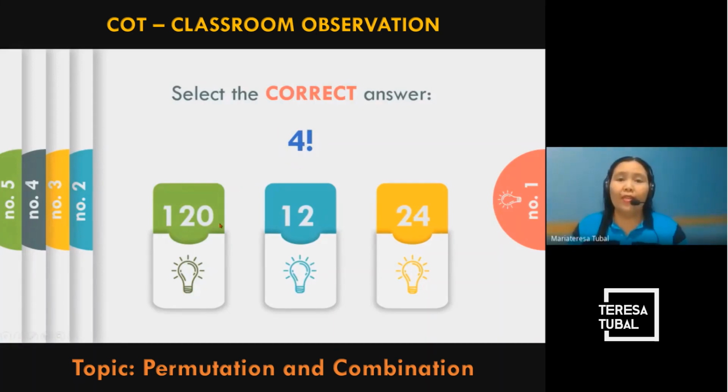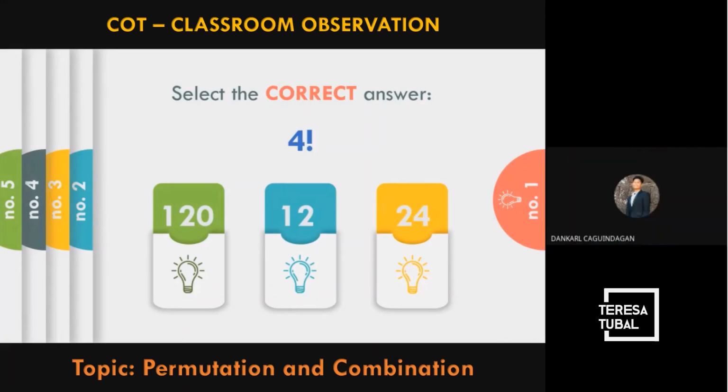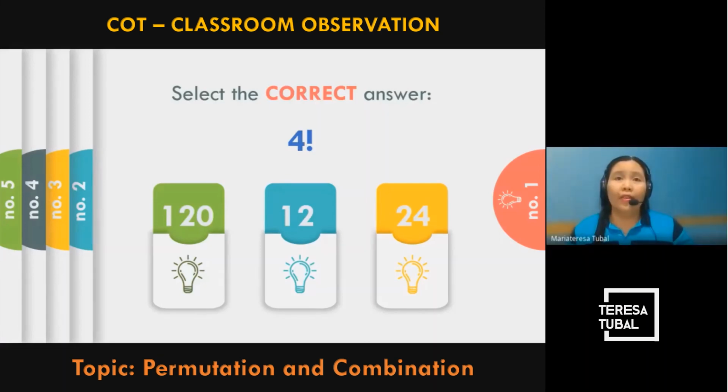Do you think it is 120, 12, or 24? 24, ma'am. Okay, 24. Let us see if 24 is the correct answer. Correct. 4 factorial is equal to 24 because 4 times 3 times 2 times 1.